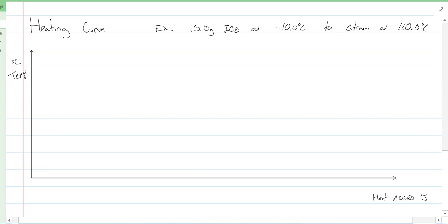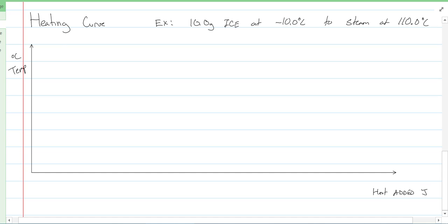So obviously temperature depends on how much heat we add. That's why temperature is on the y and heat added is on the x. We will start right here at negative 10 degrees Celsius, then 0 degrees Celsius, 100 degrees Celsius, and 110 degrees Celsius. That's my scale, which is truncated in the middle.